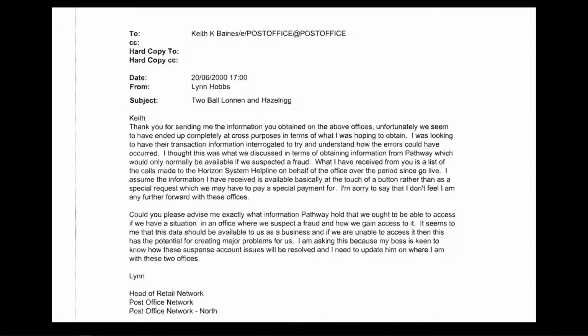So it seems as though Lynn Hobbs is trying to get to the bottom of the discrepancy, and has been provided with something equivalent to what you as an auditor may have been able to obtain from the system itself. I'm not sure whether this is referring to the ARQ data, because she refers to the data only being available, trying to find the words now, if we suspected a fraud.